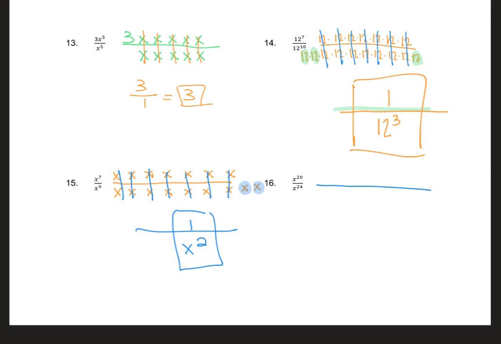So I'm going to have 4 left, and they are going to be on the bottom because I have more on the bottom. So I have 4 more on the bottom, so I'm going to have x to the 4th on the bottom.